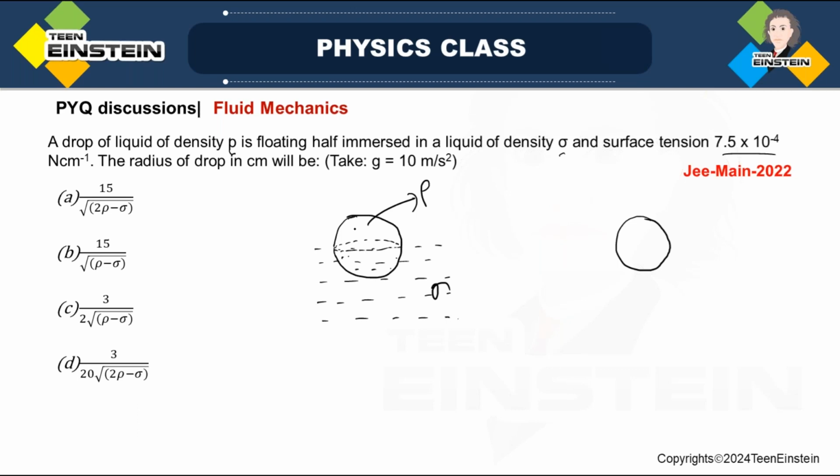Now you have to find the radius of the drop if the surface tension is given as 7.5 into 10 to the power minus 4 Newton per centimeter. This is very simple if you understand the concept.